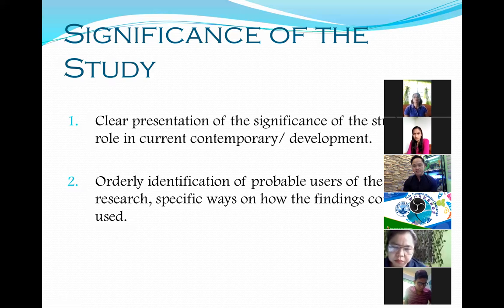Pwede mo ilagay dito yung mga principal or teachers, students kung sila ay magbe-benefit, or future researchers kung magbe-benefit sila. Hindi lang orderly identification of the probable users, including specific ways on how the findings could be used.